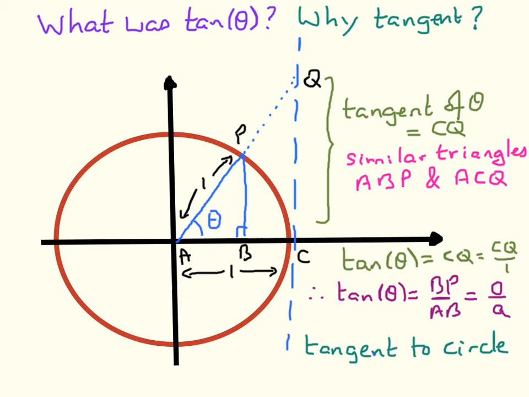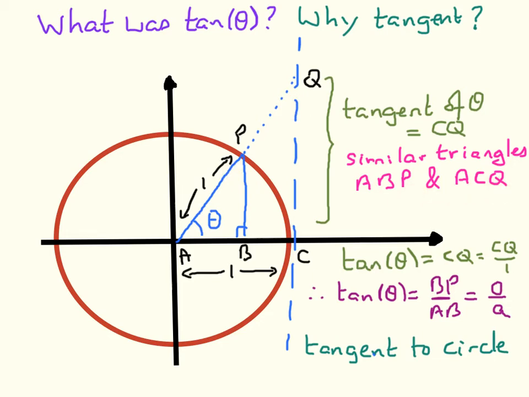And we have here in our diagram two similar triangles. This triangle, ABP, and this triangle, ACQ. They're both right angle triangles. This angle is the same, so these angles must be the same. So we have two similar triangles.